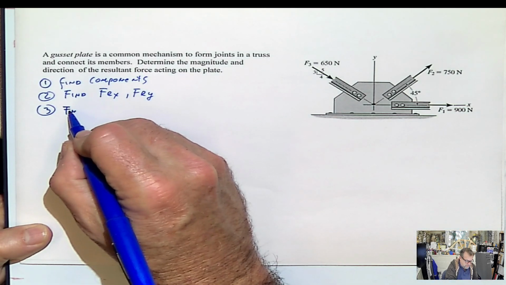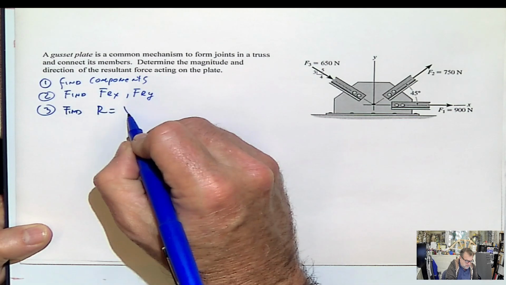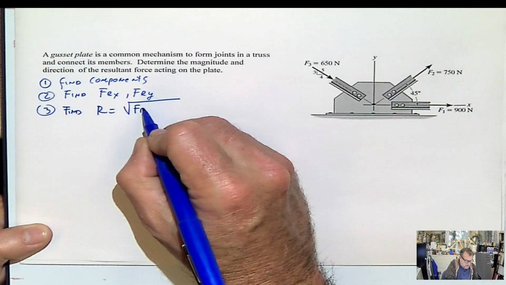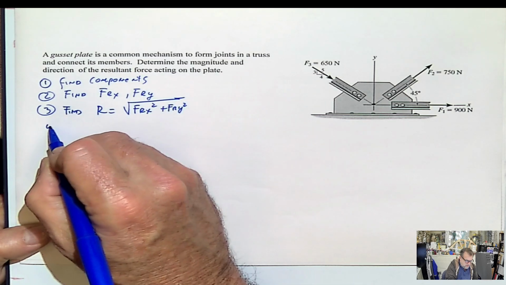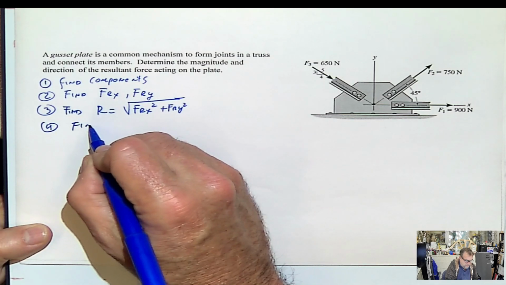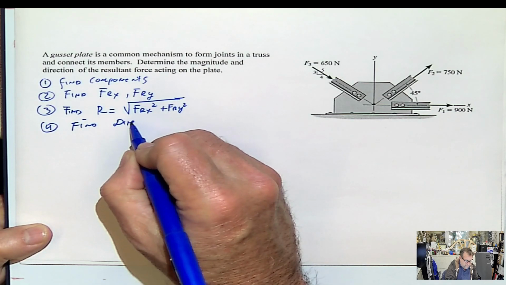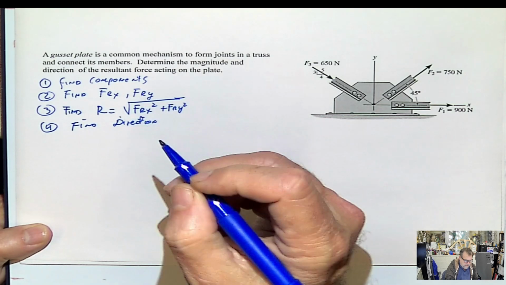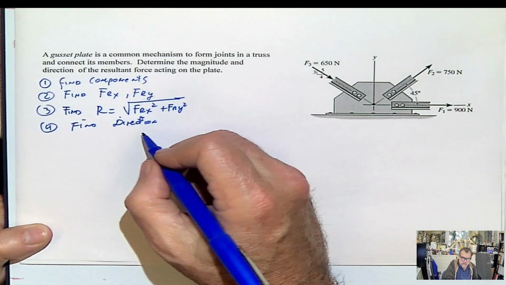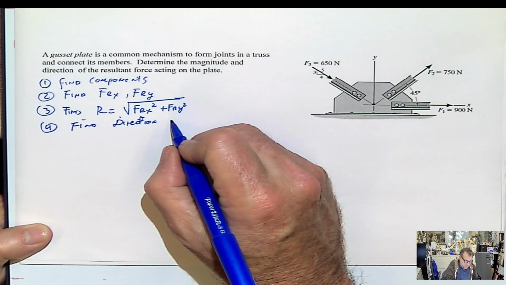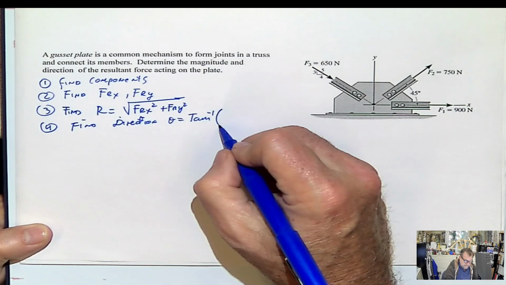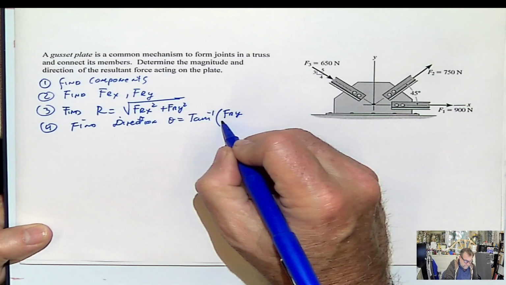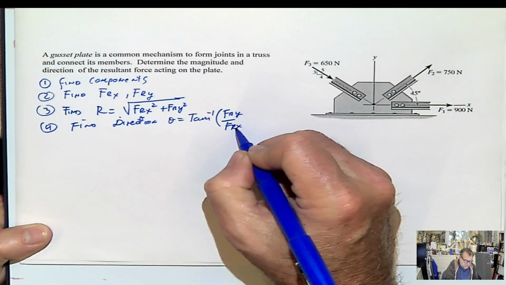Find resultant force as the square root of X squared plus Y squared, and find direction. Usually, I'm just putting this here as a reminder for you, inverse tangent, not necessarily, but this is the way you're used to doing it.